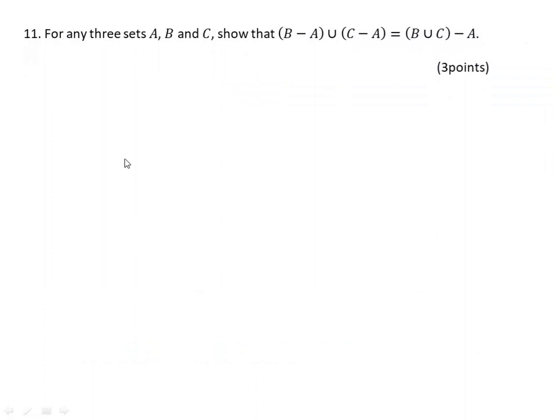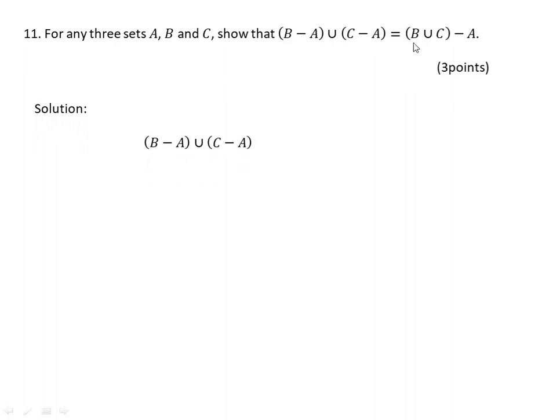Number 11. For any three sets A, B, and C, show that (B without A) union (C without A) is equal with (B union C) without A. Now here, let us start from the left hand side.